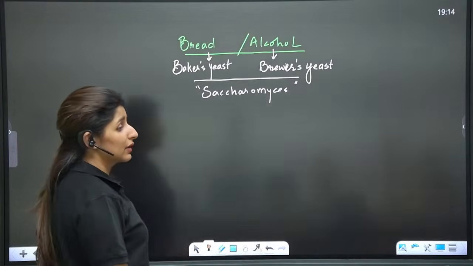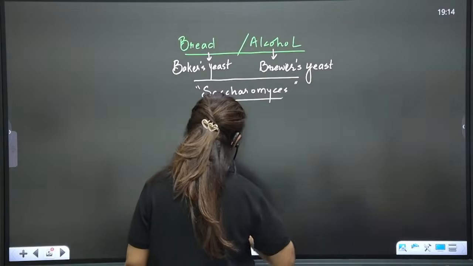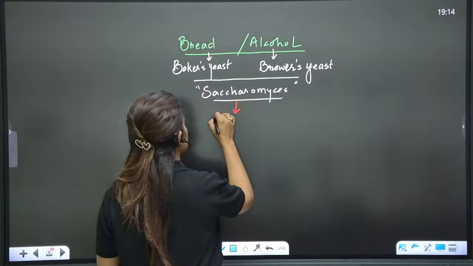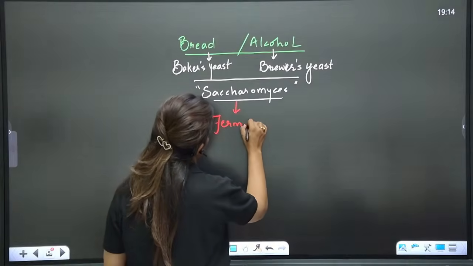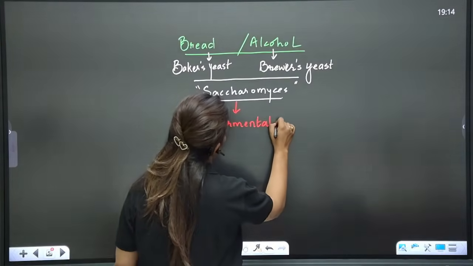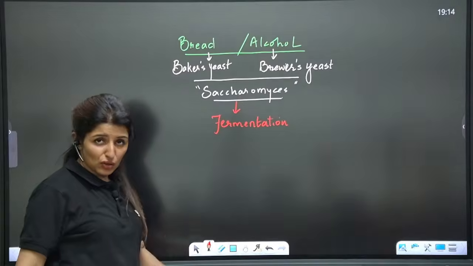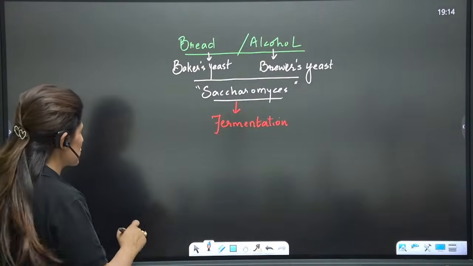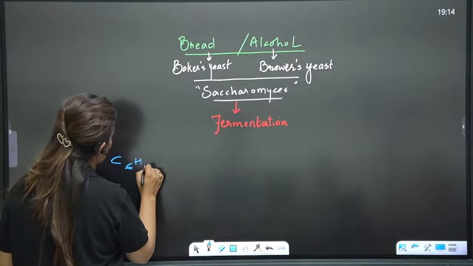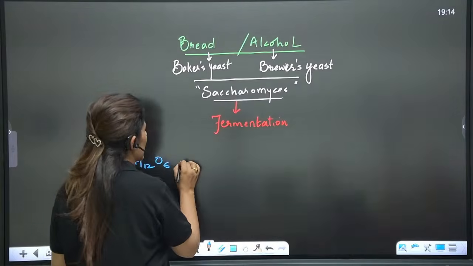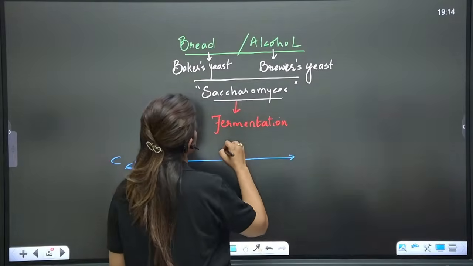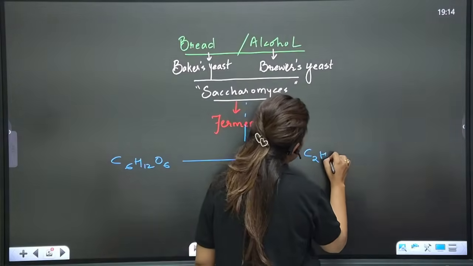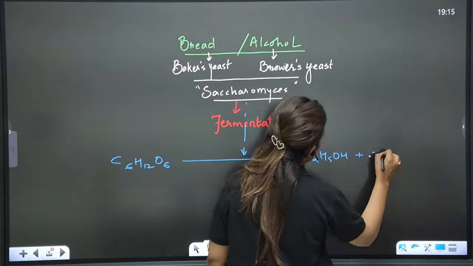We have read about it in biological classification. Now, what is the process that it undergoes? This helps in fermentation. So the process involved is called fermentation, that is incomplete oxidation of glucose. So how do we summarize it in the form of an equation? That is C6H12O6, that is glucose, and in the presence of this Saccharomyces, it gives us ethyl alcohol plus CO2.